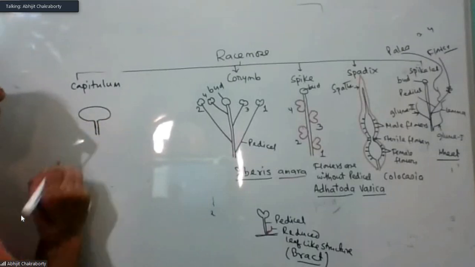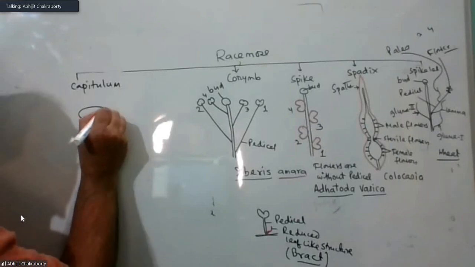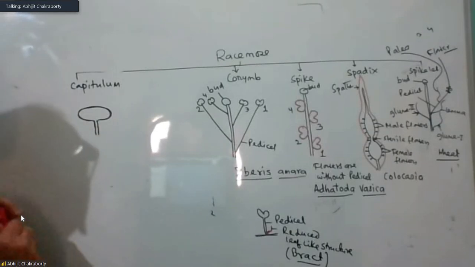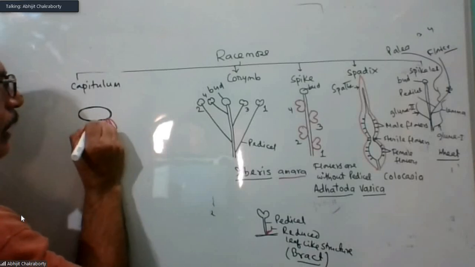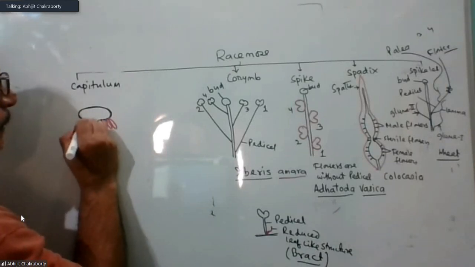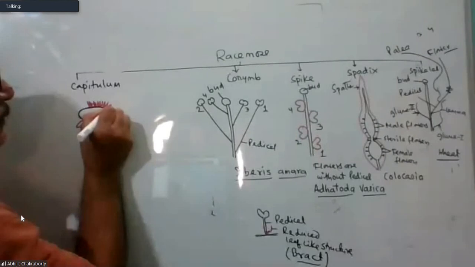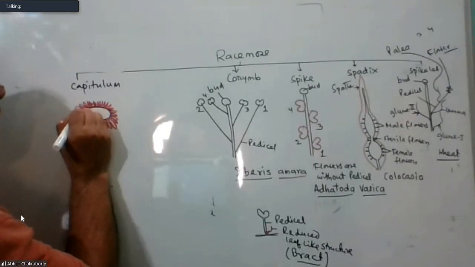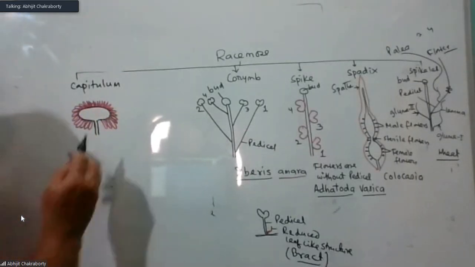The floral axis gets modified to form a receptacle, which is head-like. So here, two types of flowers are developed. In the periphery, you will get the tongue-like ray florets. In the center, you will get disc florets. So, two types of florets are found.